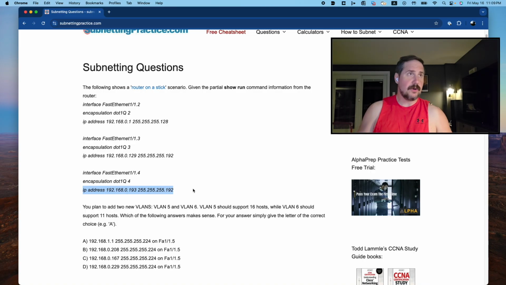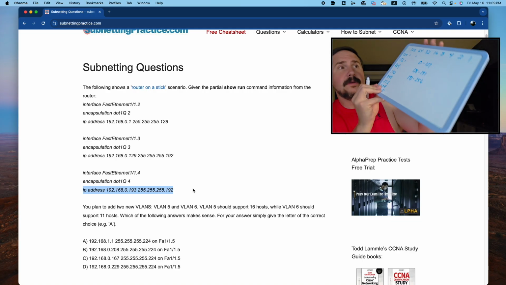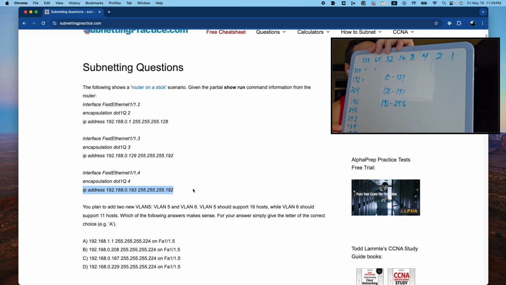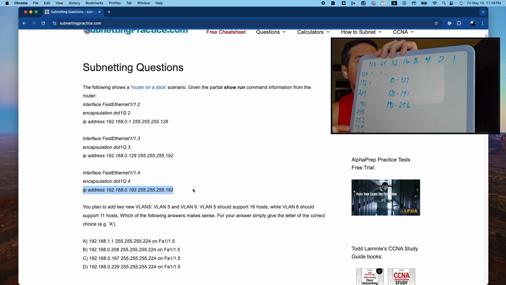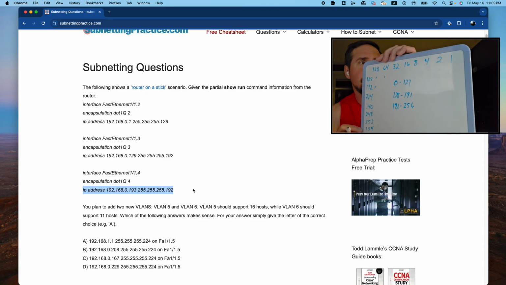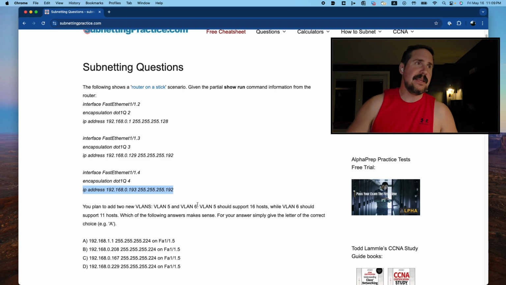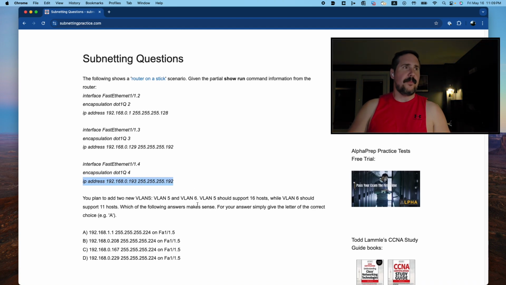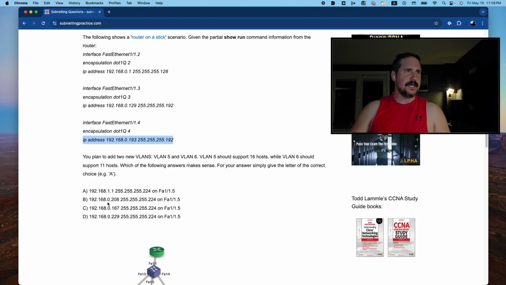All right. So the first 3 interfaces occupy all the space of the 192.168.0 subnet. And what that tells me is that anything we add is going to need to go up in the third octet. And that's exactly what I think we see here. So there's no remaining space in the third octet.